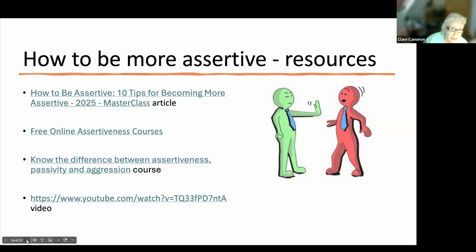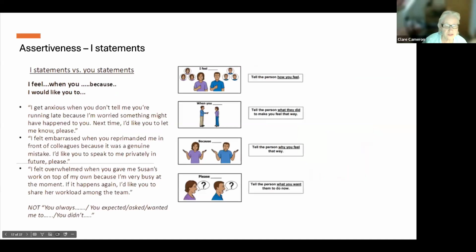Also, this is another thing to practice with learners, certainly at higher levels, and you can do it yourself. These are called I statements, and they follow a model. When you first start using them, they feel really clunky and awkward. But if you get into the habit, they're very effective: I feel this when you do that, because blah de blah, I would like you to do this in future.